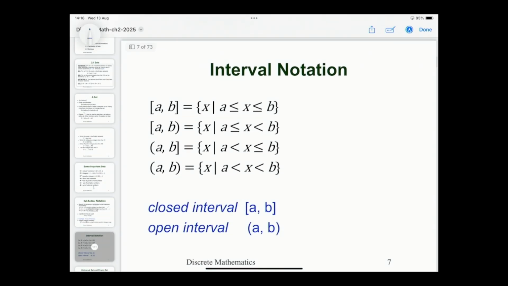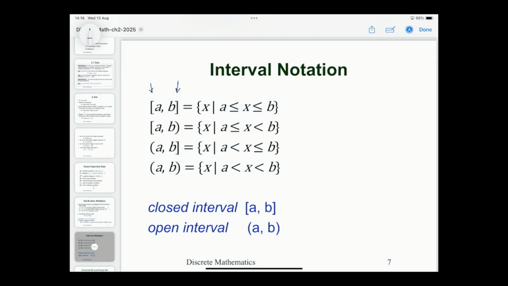Moving on to the next one, about the interval notation. They are similar, but actually they are not. They look similar, so we have to be very careful on this one. Just like a bracket or something here.